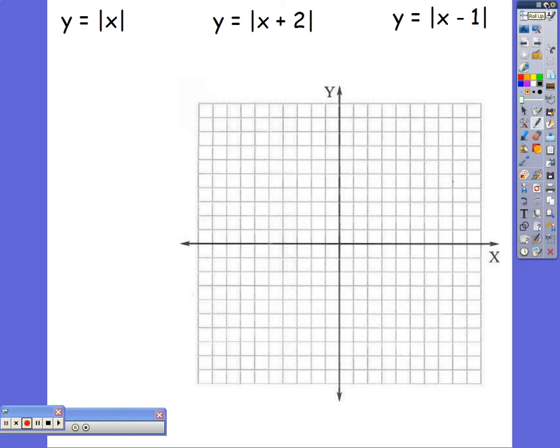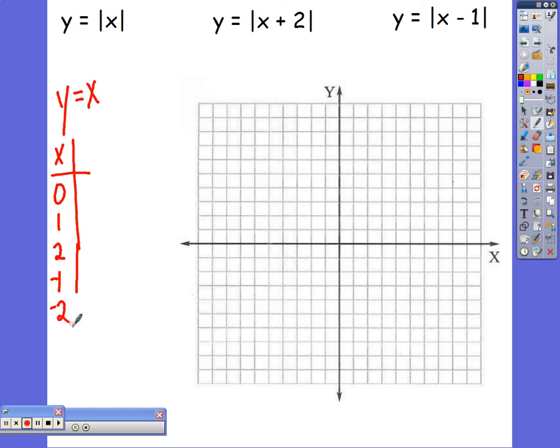And what we're going to do with this T-chart is graph the line y equals x. So let's do 0, 1, 2, -1, and -2.